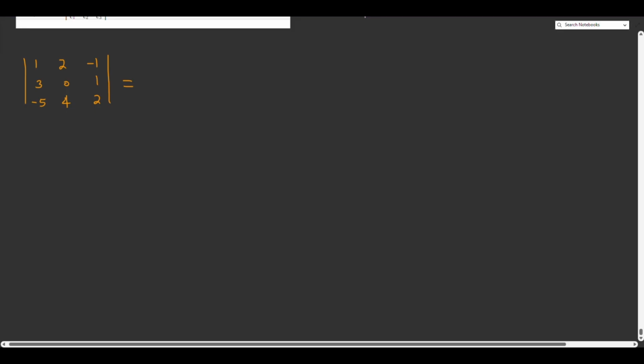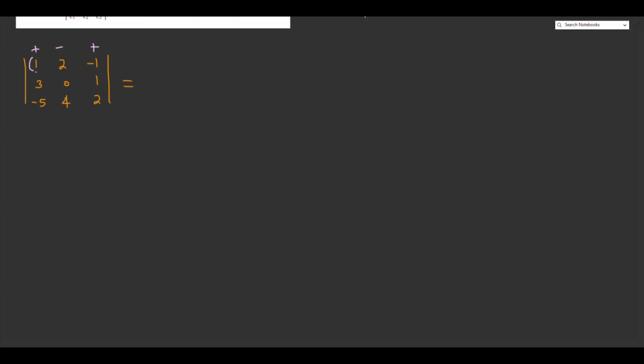We can do this with the first row. Here you put the plus sign, minus sign, and then the plus sign. Put a circle on the 1, and we delete this row and this column, and whatever you are left with, write as a 2 by 2 determinant.